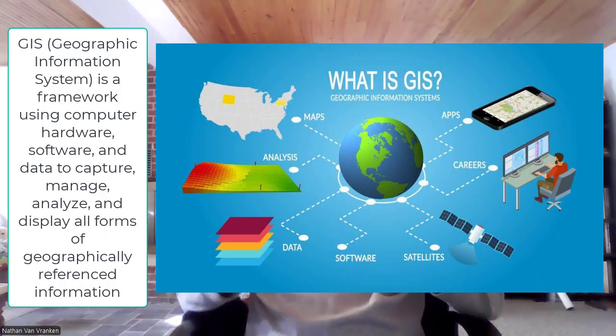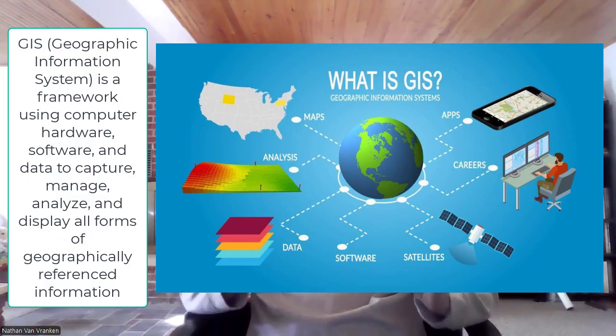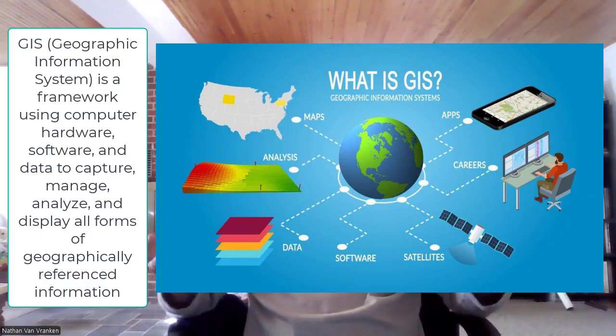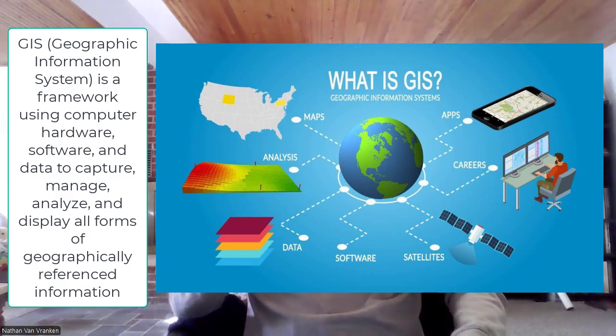GIS stands for Geographic Information Systems, but it's much more than just a piece of software. GIS is a complete system that combines hardware, software, data, people like users, like you and me, and the methods to help us understand the world using locations.